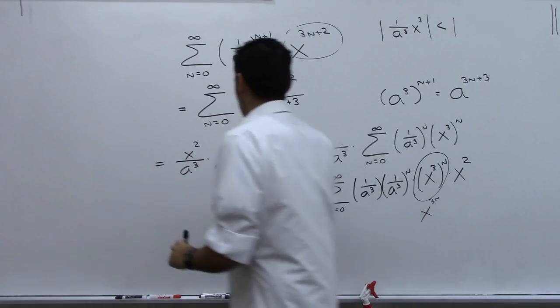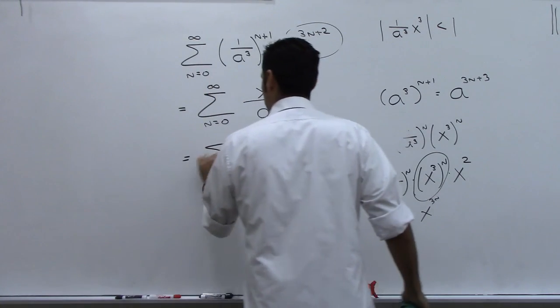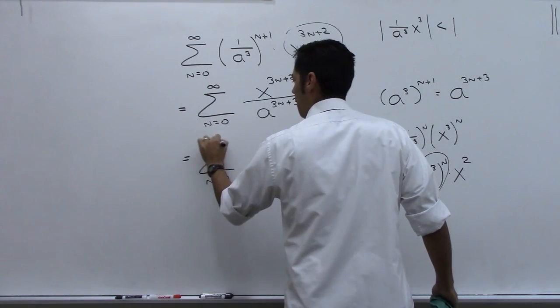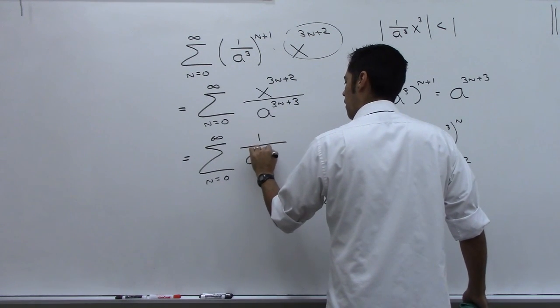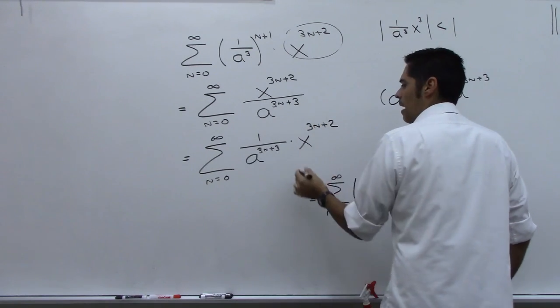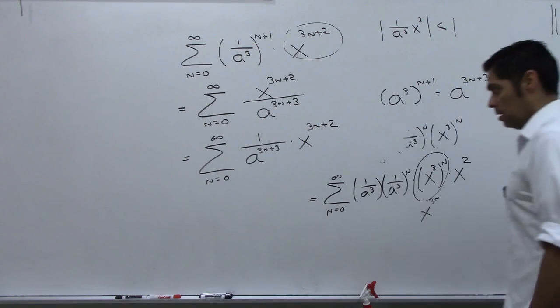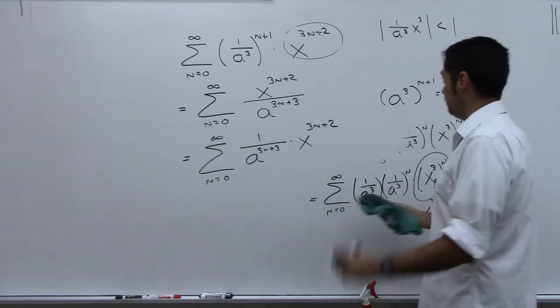And that's my power series. Now, if you wanted to, you could rewrite it this way, and that would separate out the part that doesn't have x in it, but this is fine.